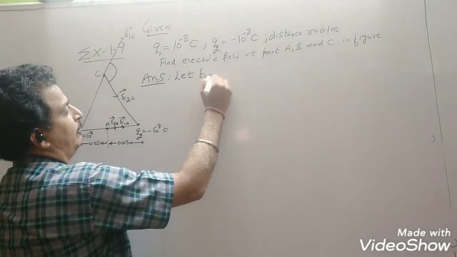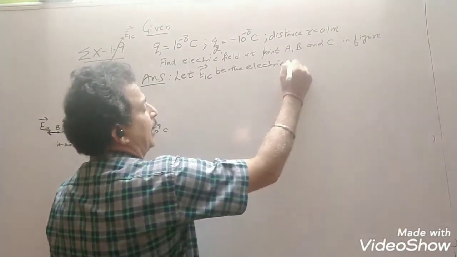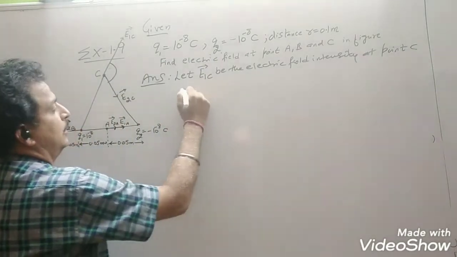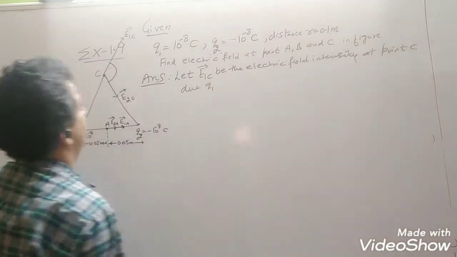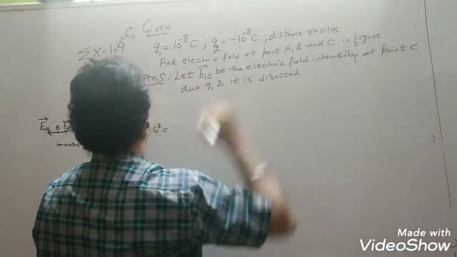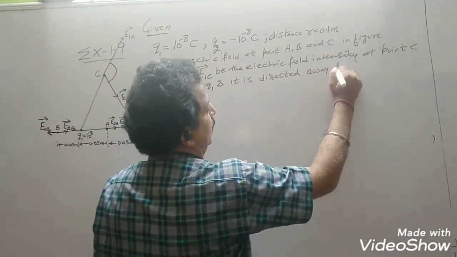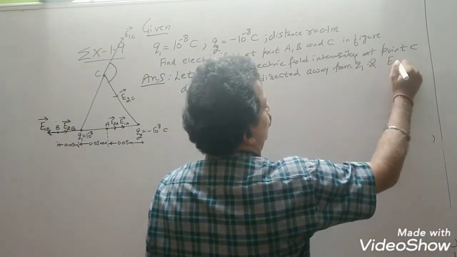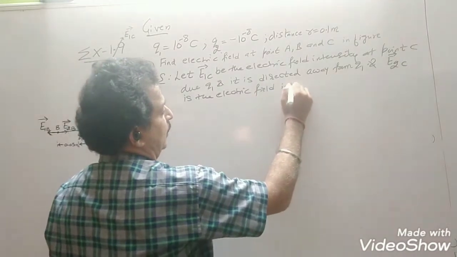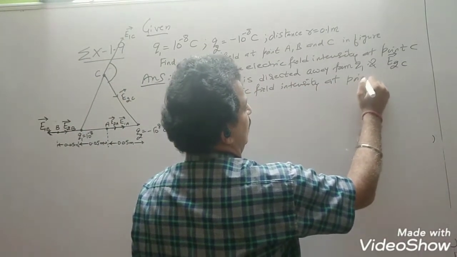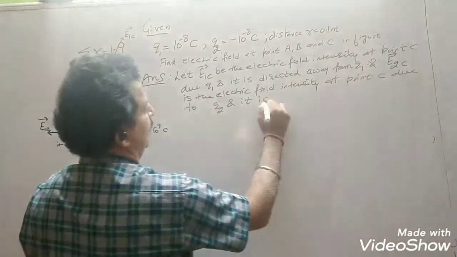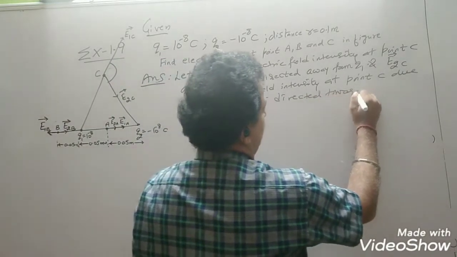So again theory, let E1C be the electric field intensity at point C due to Q1, and it is directed away from Q1, and E2C vector is the electric field intensity at point C due to Q2, and it is directed towards Q2.